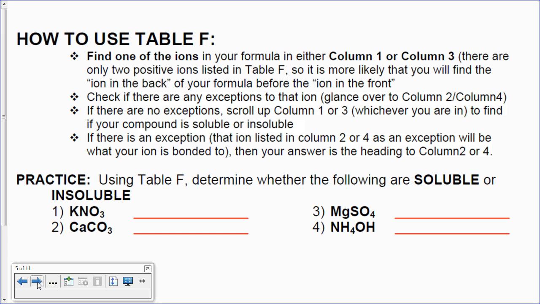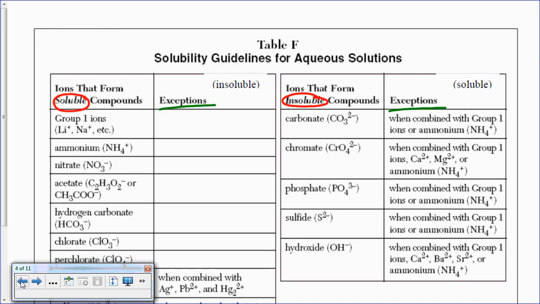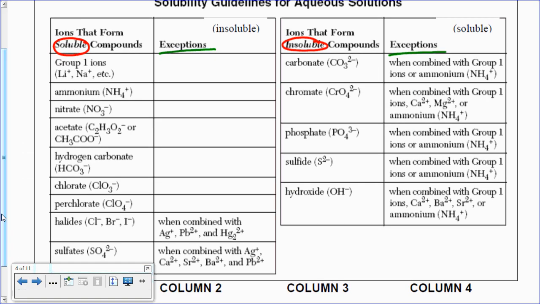How to use this table. You've got to find one of the ions in your formula in either column 1 or 3. There are only 2 positive ions listed in Table F, so it's more likely that you find the ion in the back of your formula before the ion in the front. So we're looking for these chunks in our formulas when we're using this chart.